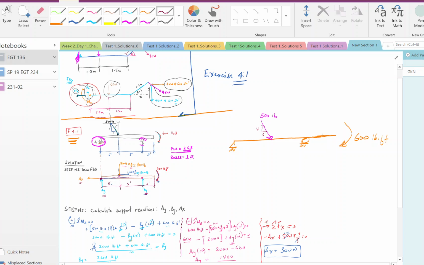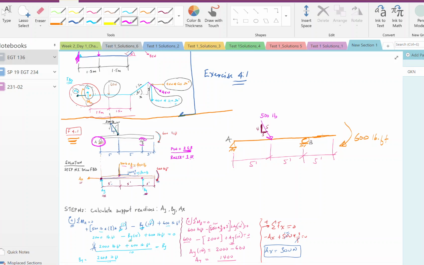Okay, and then we have the different dimensions from here to here to here to here, and this was, I believe, 5 feet apiece. 5 feet, okay. And this is A and this is B.